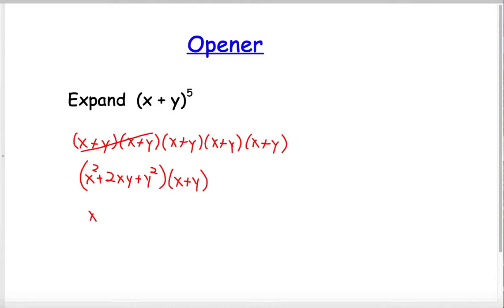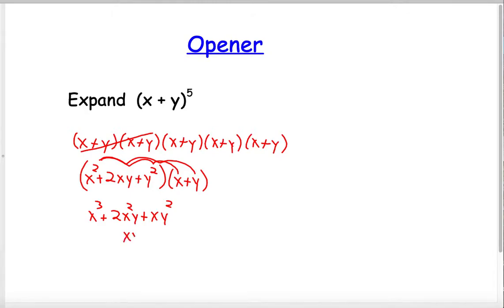That's going to give me an x cubed plus 2x squared y plus xy squared, and then plus, so I multiplied the x times everything. Now I'm going to multiply the y times all of those. That's going to give me x squared y.